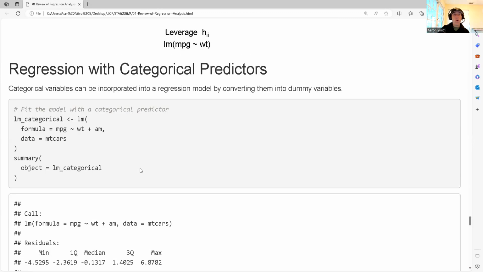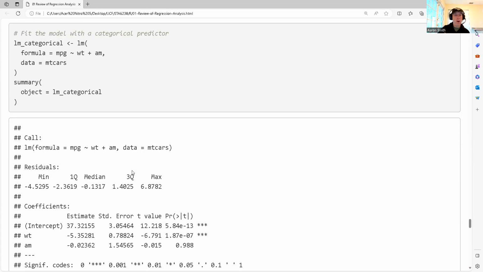Now, when I have a categorical predictor, what's going to end up happening? Here I have two levels. I have manual transmission, which is a 0, and I have automatic transmission, which is a 1 in the AM column. So R is going to fit where the dummy variable, the zeros and ones, is equal to 0.